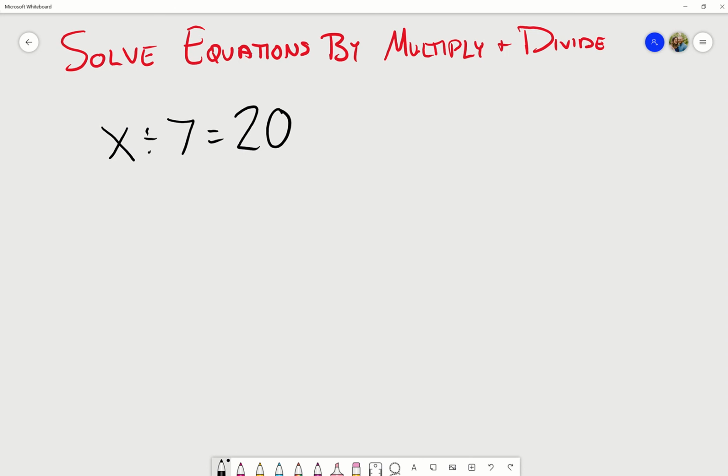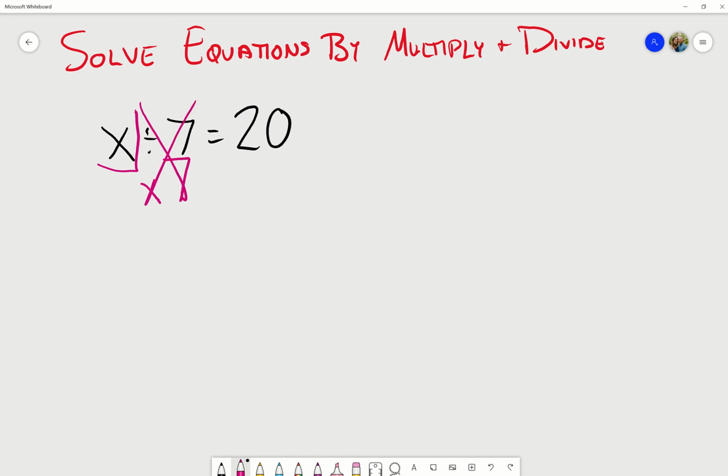Well, the goal is to get our variable all by itself. And in order to do that, we need to do the inverse of whatever our problem tells us. If our problem tells us to divide by 7, to get rid of divide by 7, we do the opposite, which is multiply by 7. So we're going to multiply by 7 and cancel out our 7s.